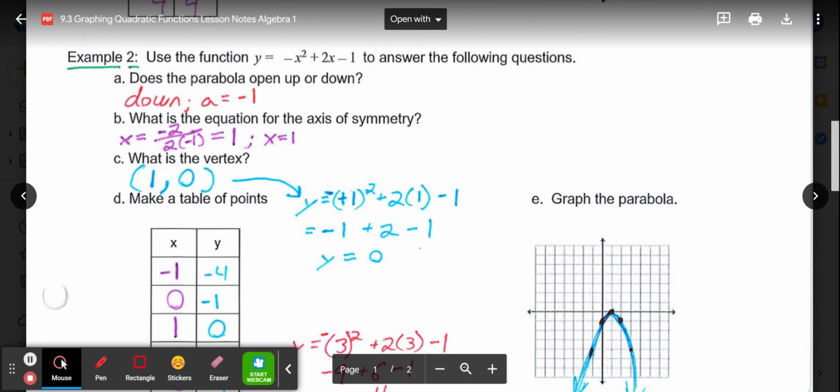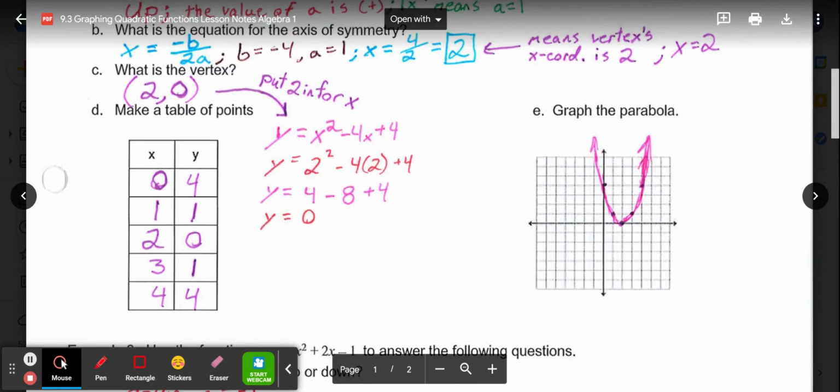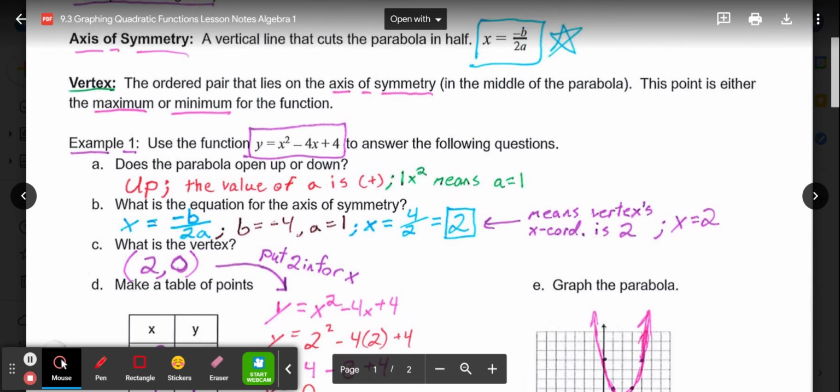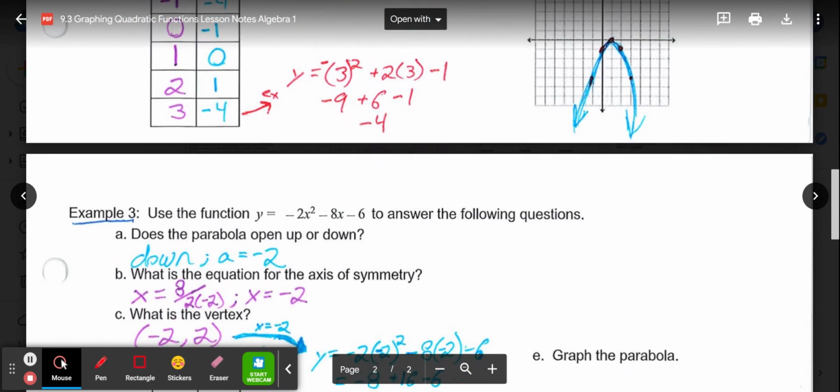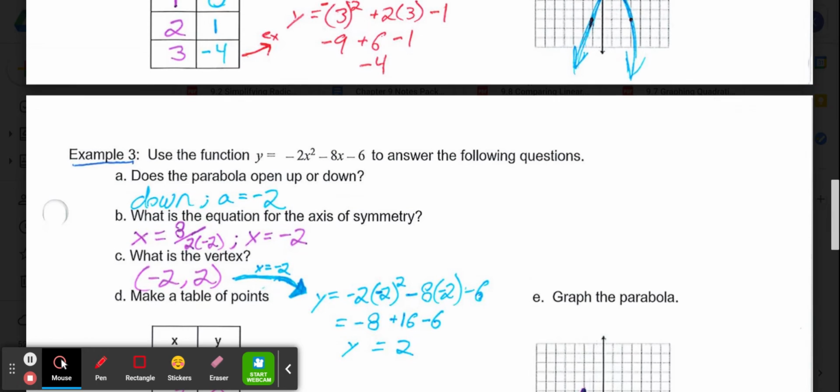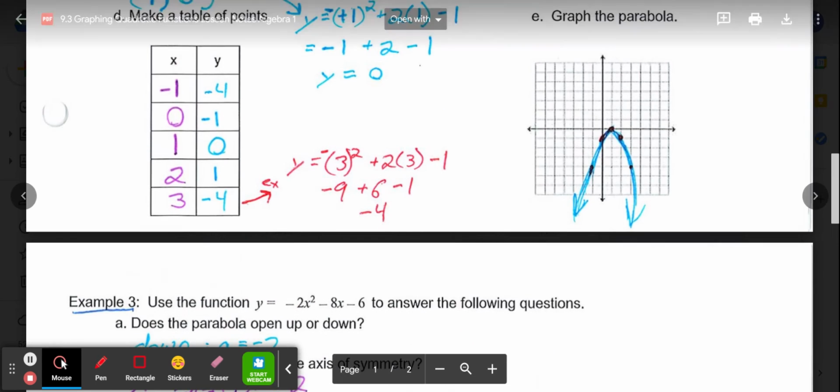The equation for the axis of symmetry, again, every time we're using opposite of b over 2a. Sorry, I went down too far.